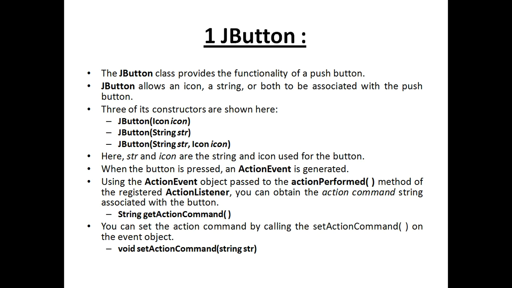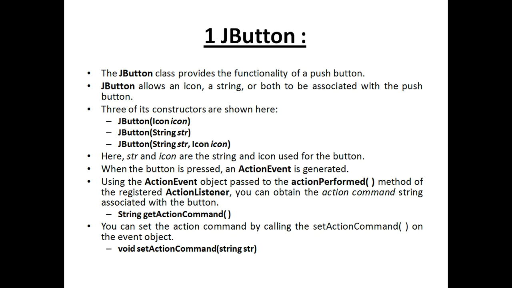Using the action event object passed to the actionPerformed method of the registered action listener, you can obtain the action command string associated with the button. For that, you can make use of the getActionCommand method, which returns the string associated with the button.